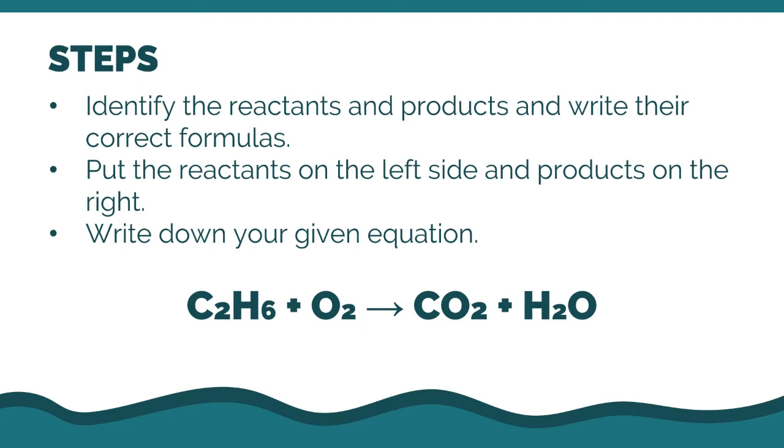For example, if your given statement is ethane reacts with oxygen gas to produce carbon dioxide and water, we will write C2H6 plus O2 will form CO2 plus H2O. So this chemical equation represents the statement.